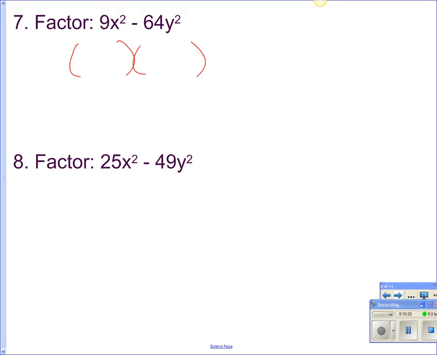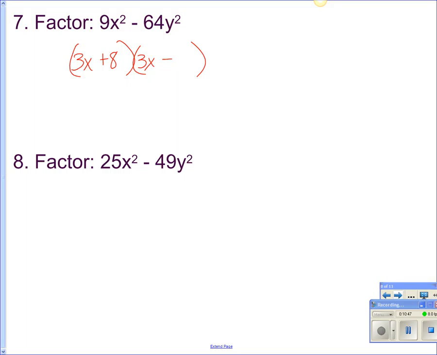Chuck, what else? Dylan, how does 9x squared split? Very good. 3x and 3x. Thank you, Dylan. 3x and 3x. Haley, how does 64y squared split?